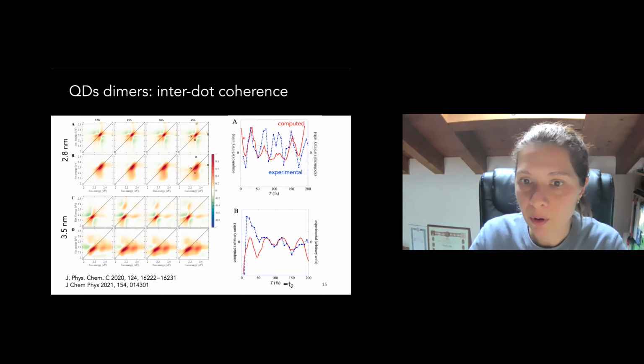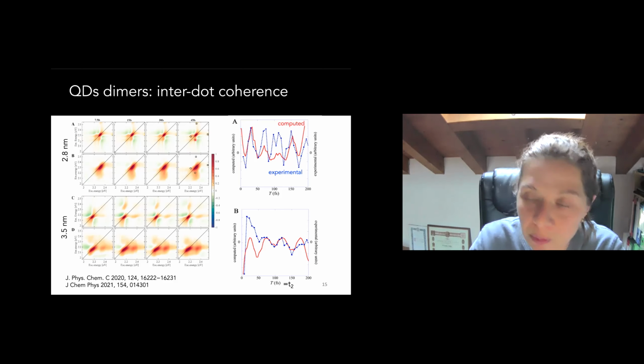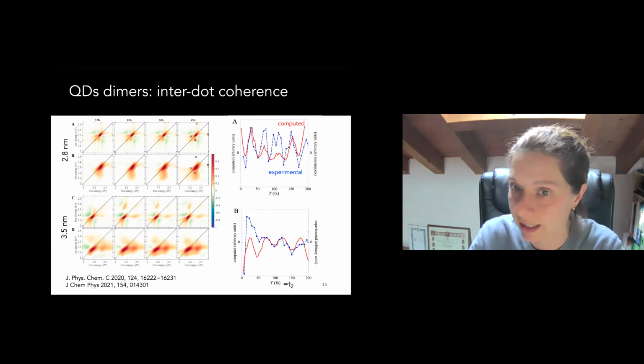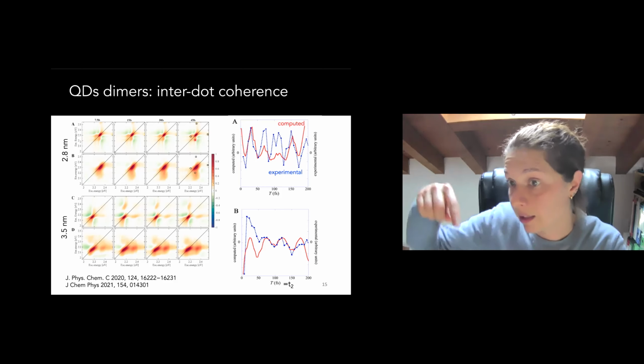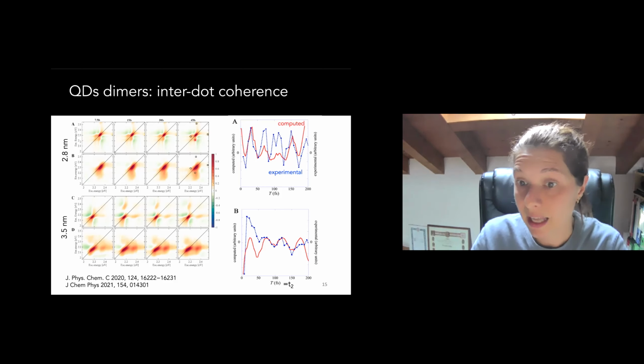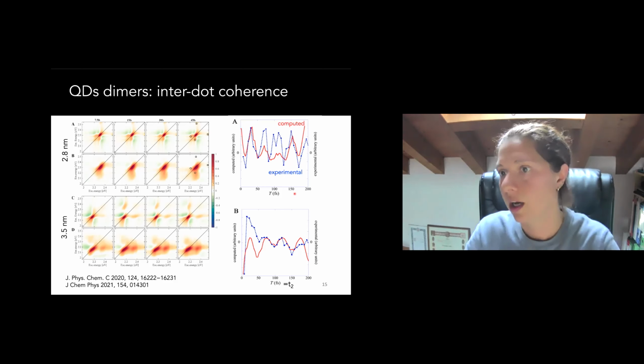Even more importantly, what is acceptable is the match of the time behavior. So, for example, I am showing on the right here the experimental time behavior of the signal at this cross-peak coordinate. Blue is the experimental beating, and red is the computed beating in a very short time window.